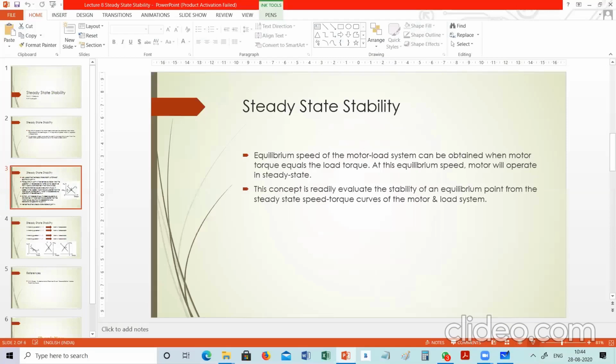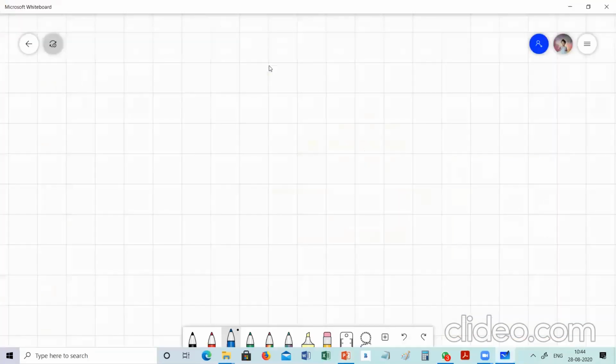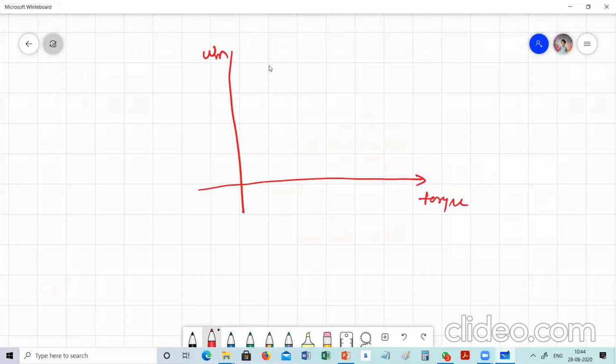The same diagram I will draw here. The x-axis is speed, the y-axis is torque. There are two curves: one is the motor torque, and the other is the load torque.